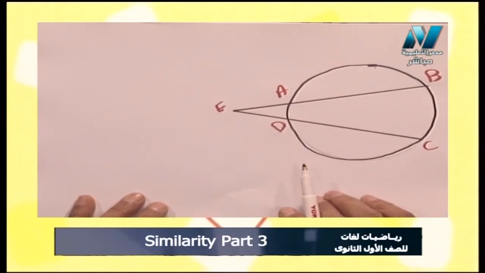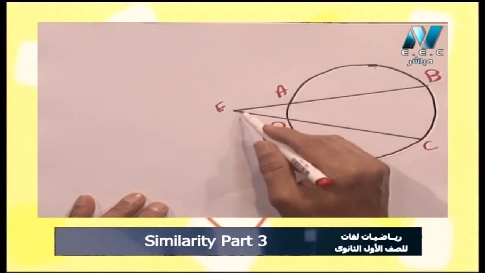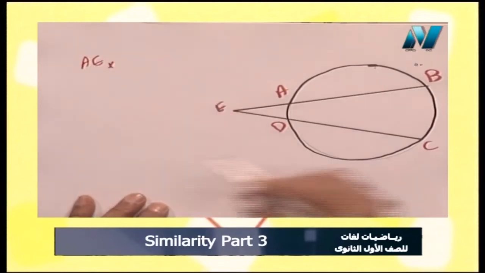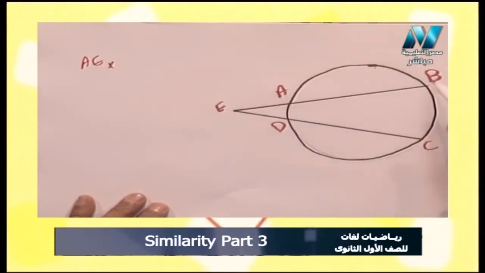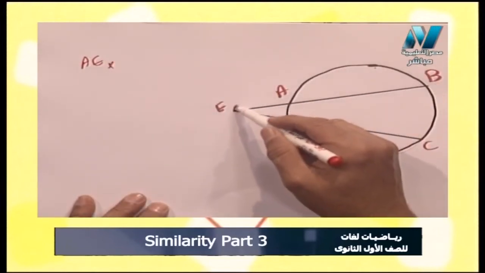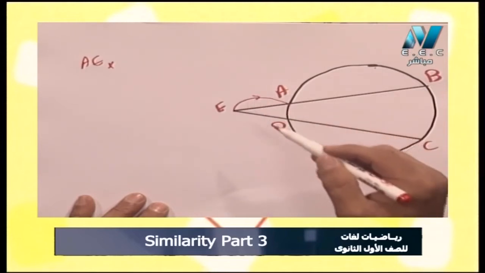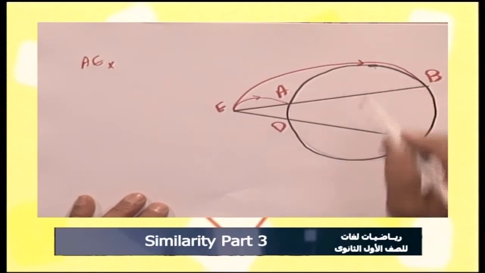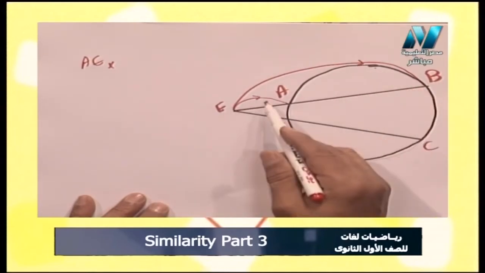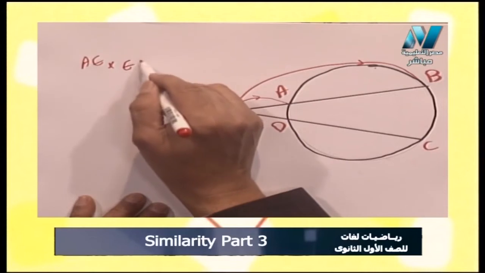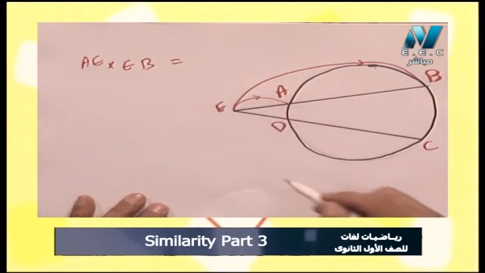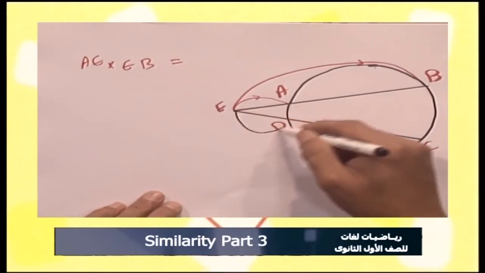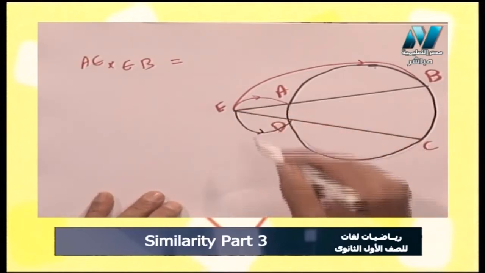And we know that if we multiply AE times EB, concentrate with me, EA multiplied by EB will be equal to the other part, which is ED multiplied by EC.